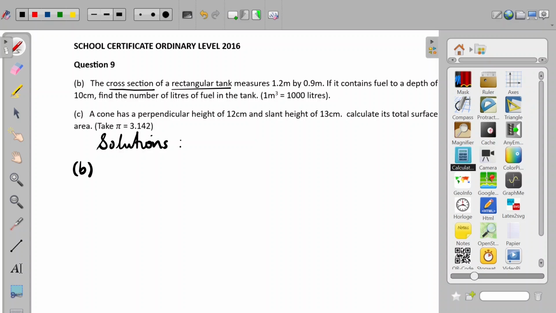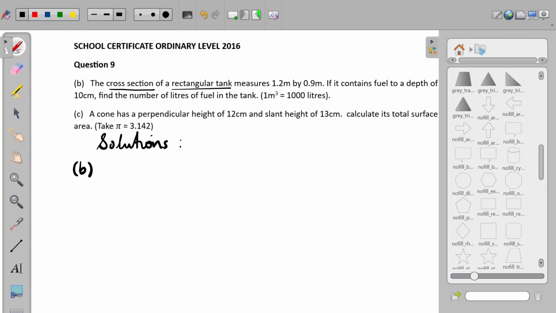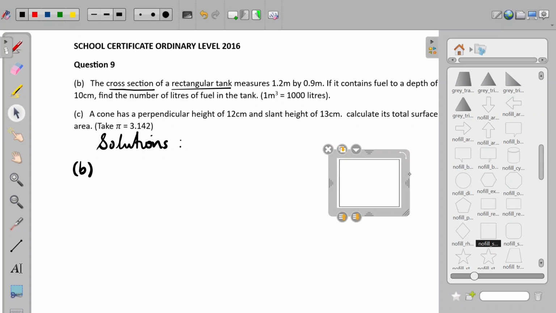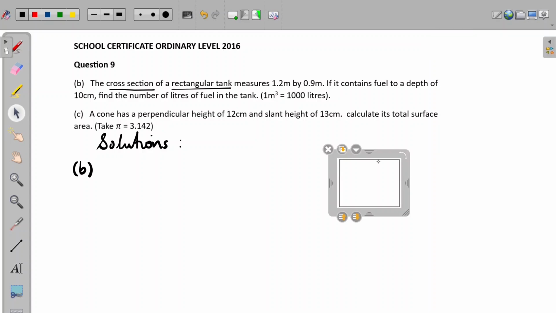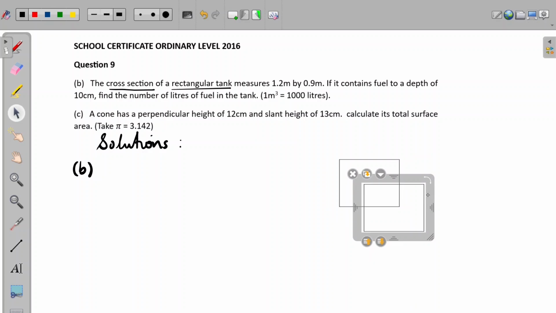Let me draw something similar to a rectangular tank, so that you understand. So we assume it's a tank like this.